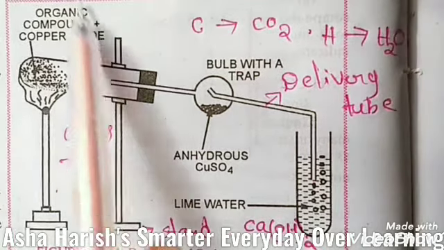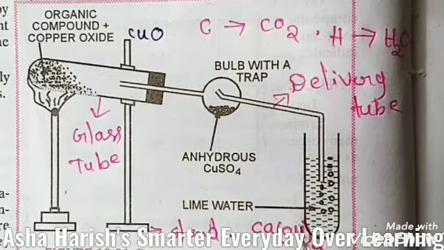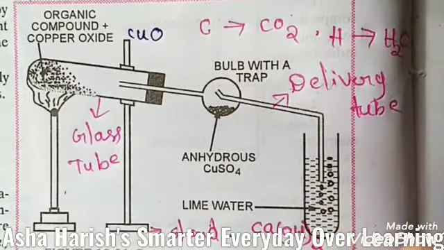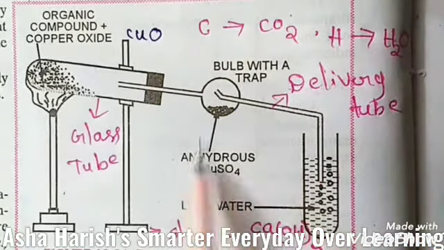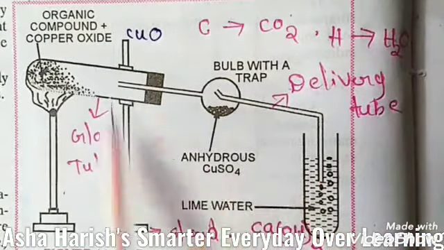Here you have taken that organic compound with copper oxide, cupric oxide, CuO. The vapors are passed through the heated cupric oxide taken in a hard glass test tube, and these gases are evolved and tested for CO2 and H2O vapors as described above in this diagram.